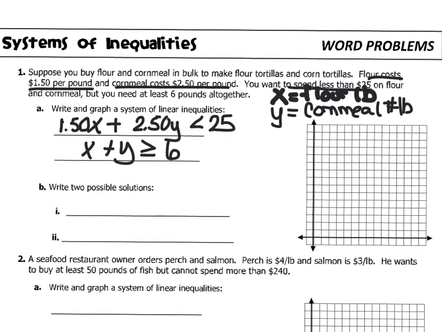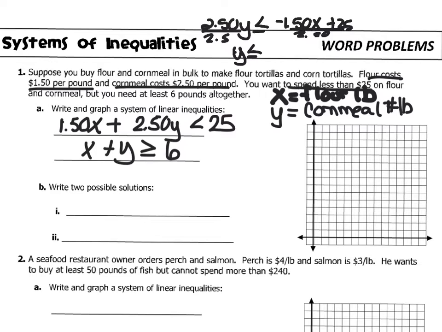First we need to put them in slope-intercept form. For this one, 2.50y is less than negative 1.50x plus 25. So we're going to divide by 2.50. We're dividing by a positive, so you don't have to reverse your sign.